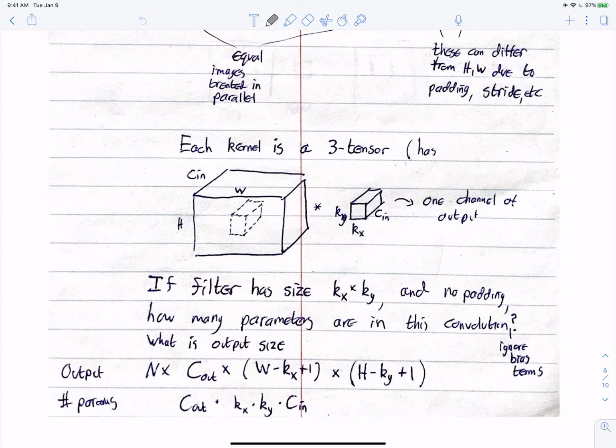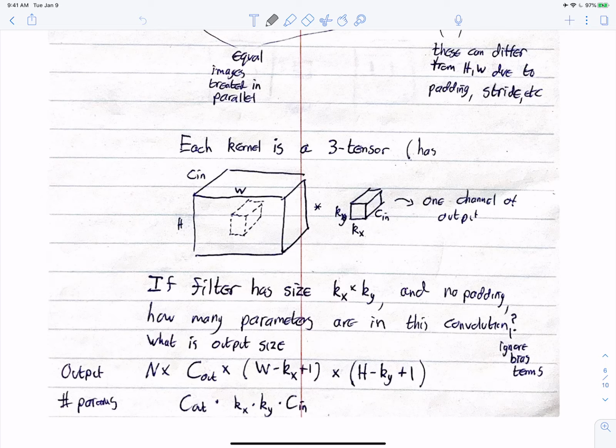Now, how many parameters do I have? Remember that all of the images are treated exactly the same, so I get no component from n. Each of the output channels is computed in parallel, so I just get a linear term in C out. The filter size is this 3 tensor, kx by ky by cn. So the number of parameters is C out times kx times ky times cn.